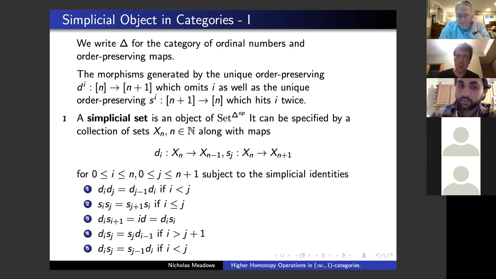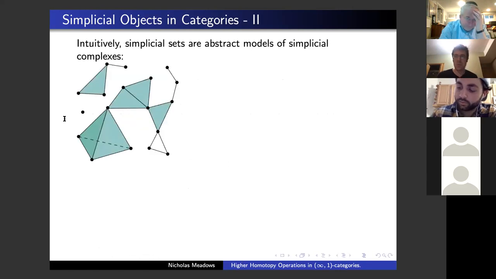And what simplicial sets do is they're abstract models of abstract simplicial complexes. So a simplicial complex we can think of as a space that is made by gluing together certain objects called n-simplices. The zero simplices are points. The one simplices are line segments.